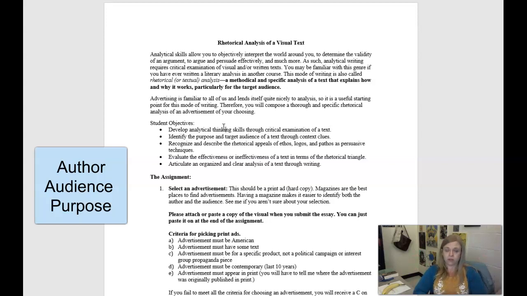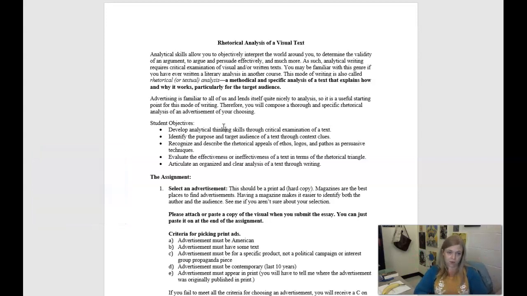That's why I want you to use a magazine ad, and we'll talk a little bit more about that in a second. And then the purpose. What are they trying to do? Obviously, they're trying to sell you a product, but a lot of times there's something a little bit deeper that they're trying to get you to believe or do, because if they sell you and make you loyal, that's even better than just getting you to buy a product one time, right?